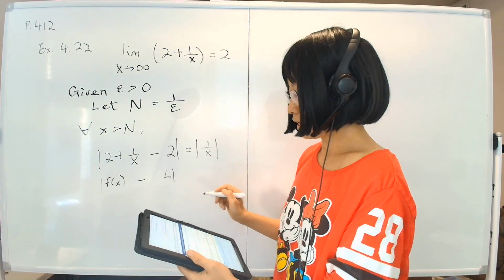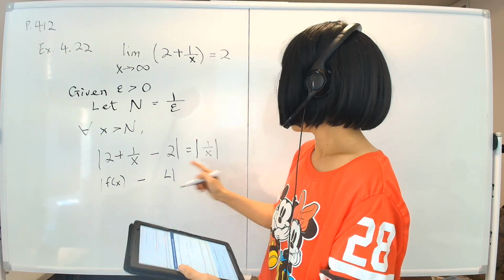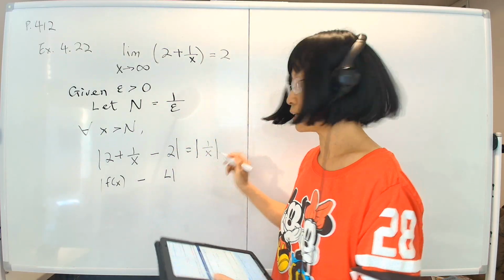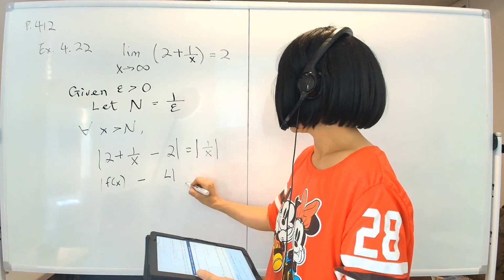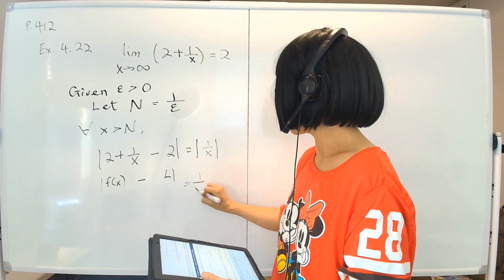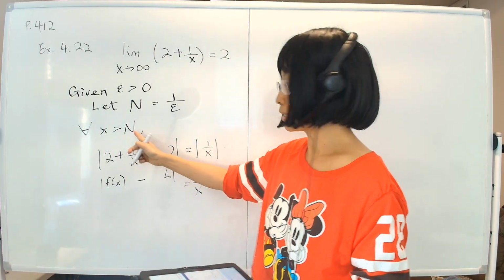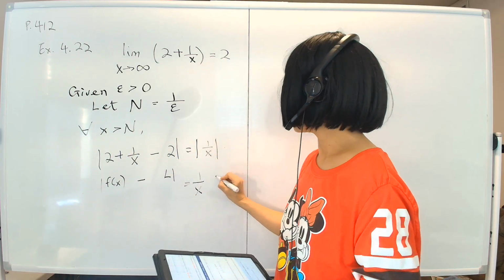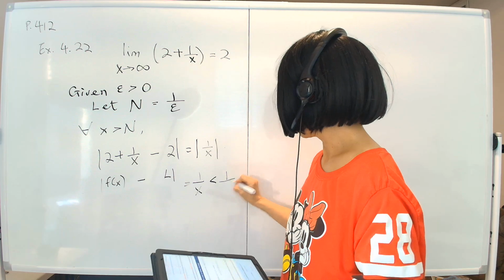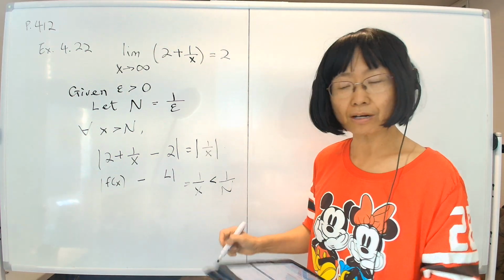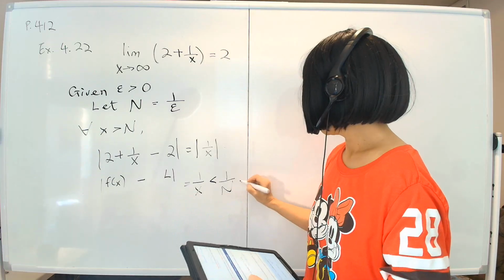As x is approaching positive infinity, the absolute value goes away, which equals just 1 over x. And since x is bigger than n, 1 over x will be less than 1 over n. That's one of the basic rules of inequality. And that is epsilon.